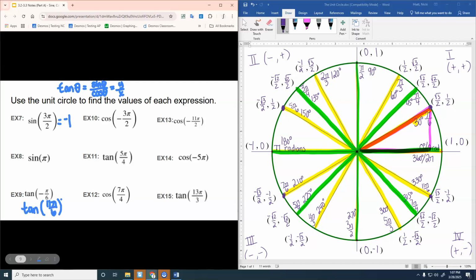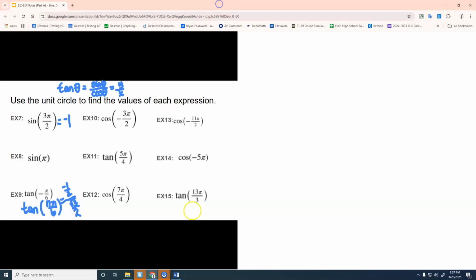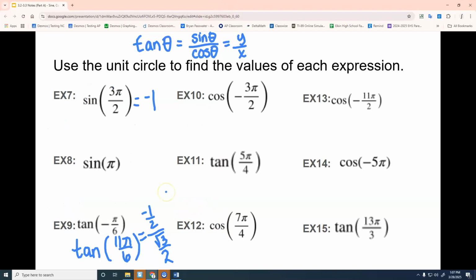So tangent, I realize I don't have room to do this. Tangent is sine, which is negative 1/2, over cosine, which is square root of 3 over 2. Let me make this larger again. Okay, so they're probably not going to let us leave the answer like that, but dividing fractions is easy as pie.